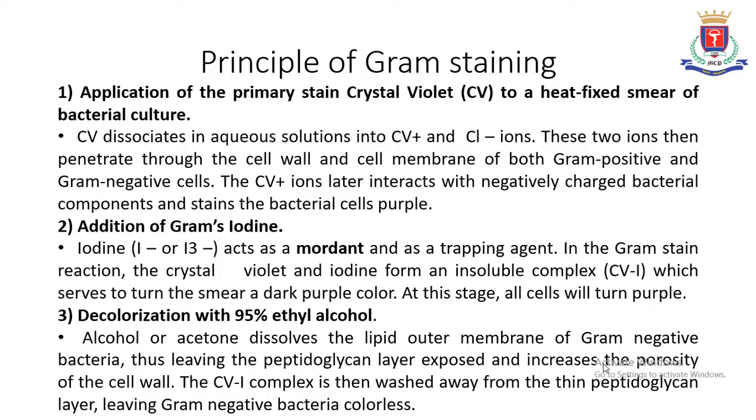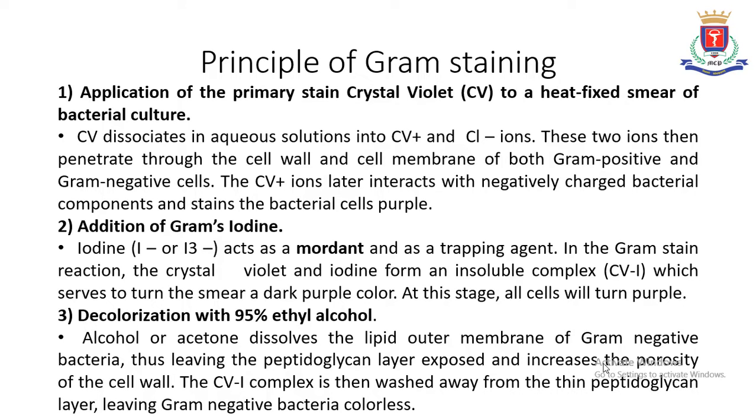The next step is addition of gram iodine solution. Here iodine, that is I minus or I3 minus, acts as a mordant and as a trapping agent. A mordant is a substance that increases the affinity of cell wall for a stain by binding to the primary stain, thus forming an insoluble complex which gets trapped in the cell wall.